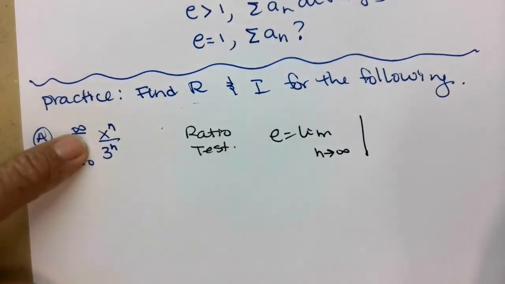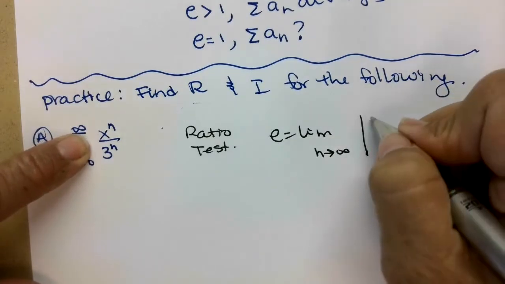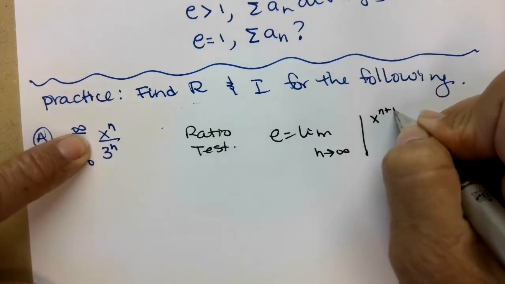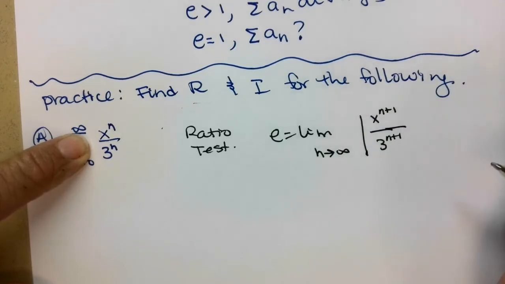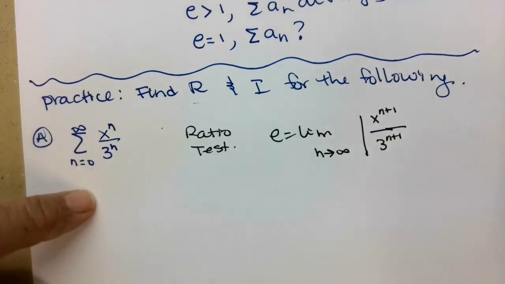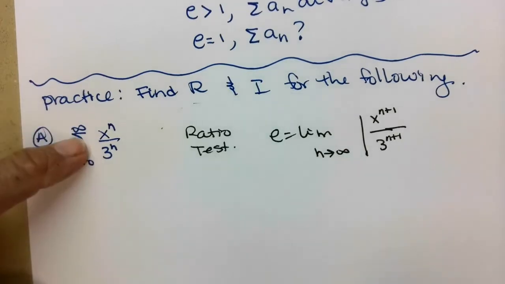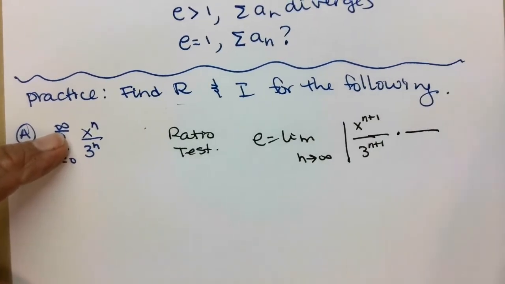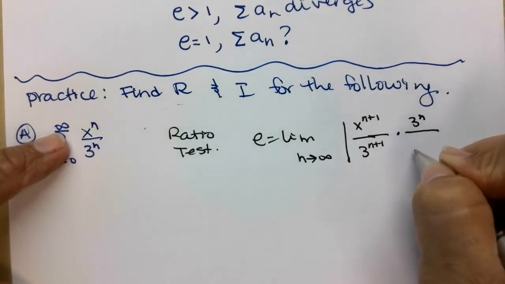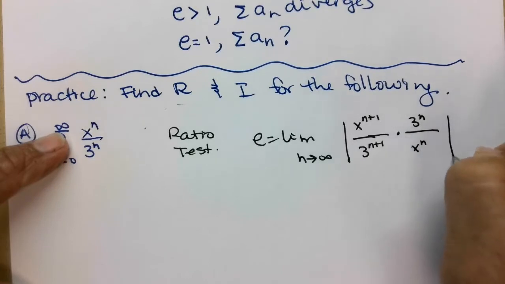And then I do a sub n plus 1, so that's x to the n plus 1 over 3 to the n plus 1. Now that's divided by a sub n, but remember it's a fraction, so it flips and multiplies. When a sub n flips and multiplies, that puts 3 to the n on top and x to the n on bottom.